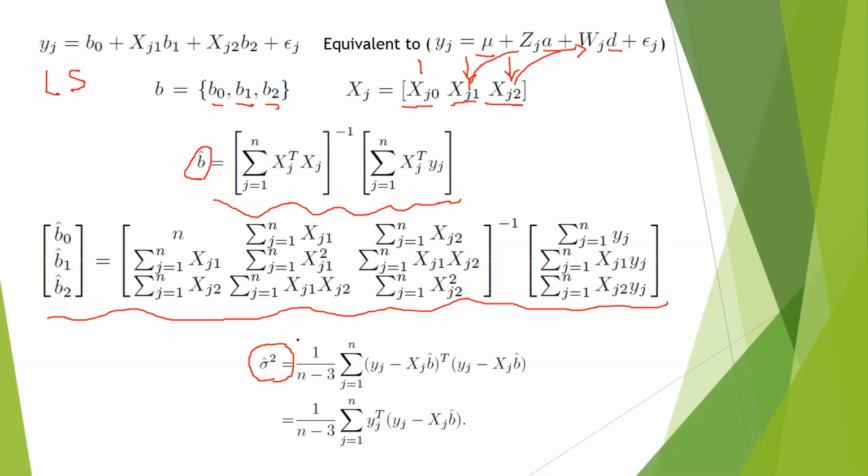The total number of data points is n, but you lose 3 degrees of freedom, so for the residual error there are only n minus 3 degrees of freedom. This is how we calculate the residual error variance. Okay, any questions here?